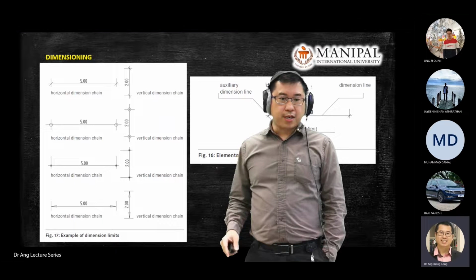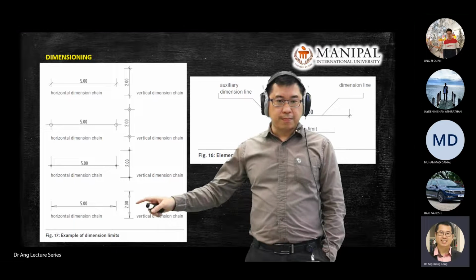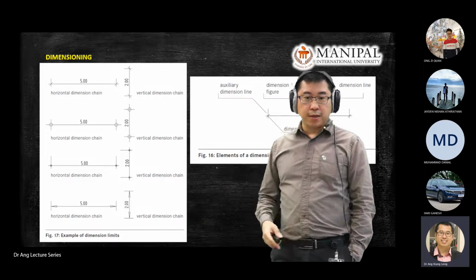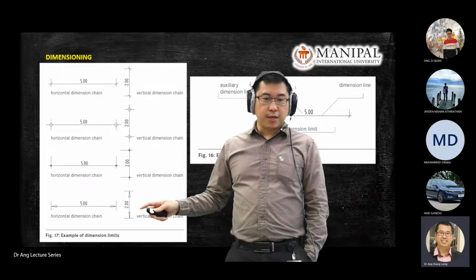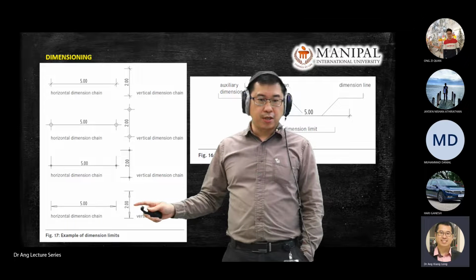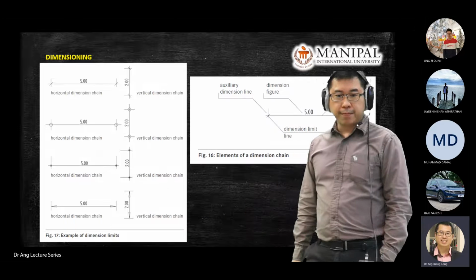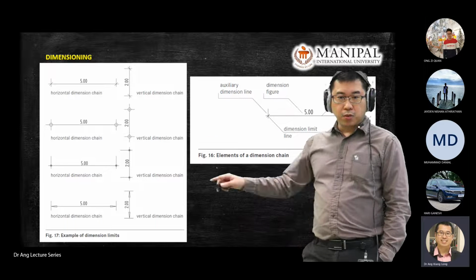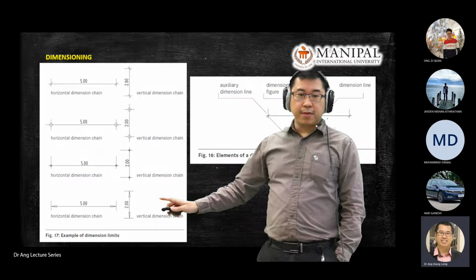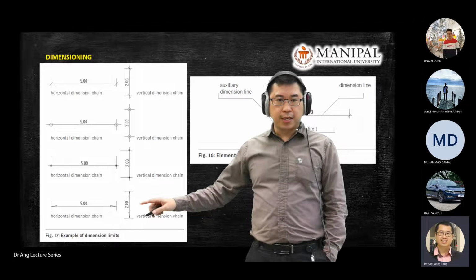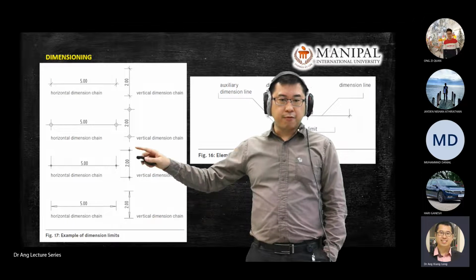Different designers, or different companies, have different standards. So when you join a company, be sure that you check their company handbook, or their internal circular on the standard in their drawing. Each one of these carries the same meaning, only that the standard practice is different.